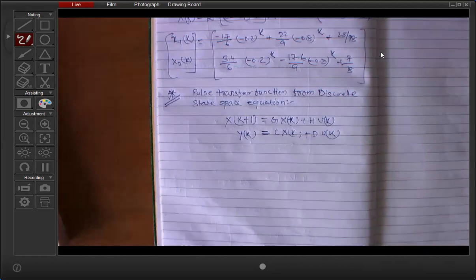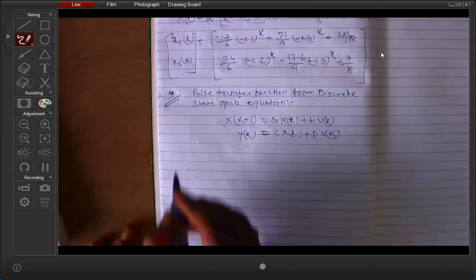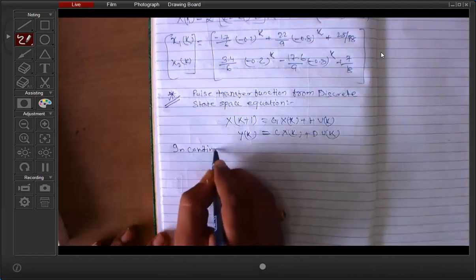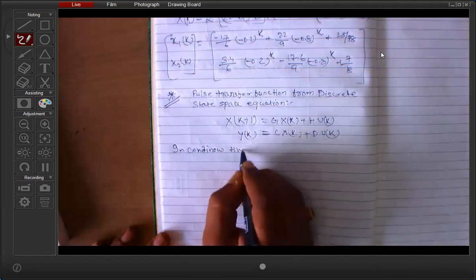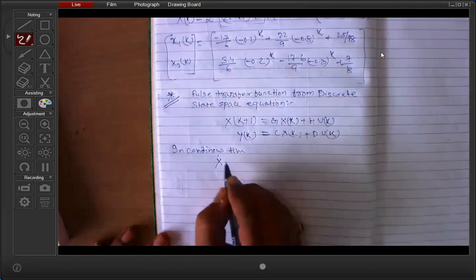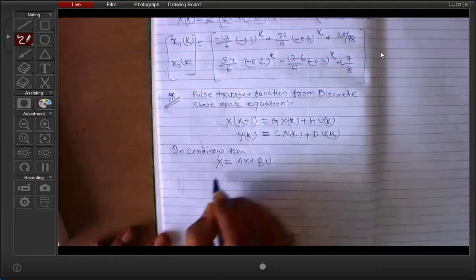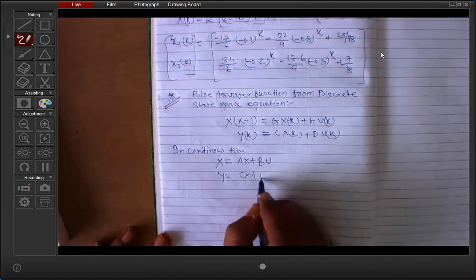So now we have to find out the pulse transfer function of the given discrete system. Okay, how can you find out? If you correlate with the continuous time domain, suppose a state space equation is x dot is equal to Ax plus Bu and y is equal to Cx plus Du.